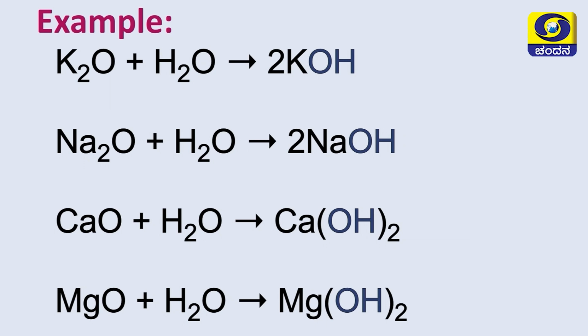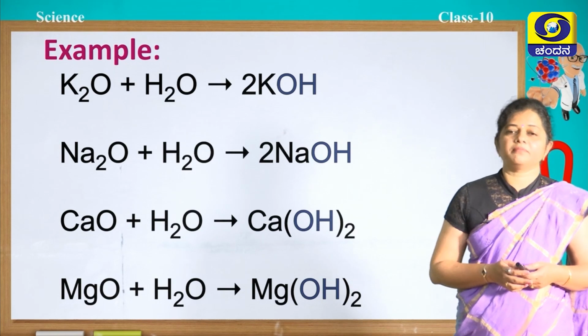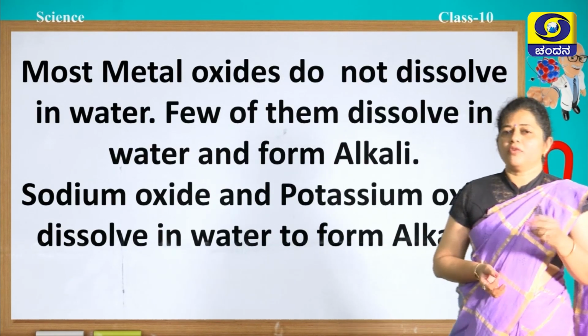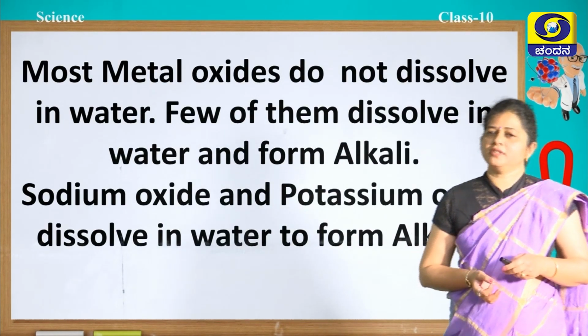Similarly, calcium oxide, when dissolved in water, forms calcium hydroxide. Magnesium oxide, when dissolved in water, forms magnesium hydroxide. Potassium hydroxide, sodium hydroxide, calcium hydroxide, all of them are strong bases.